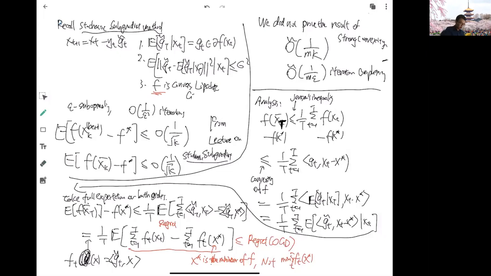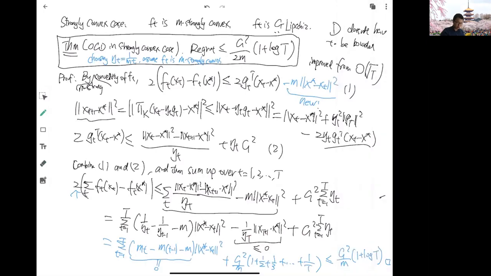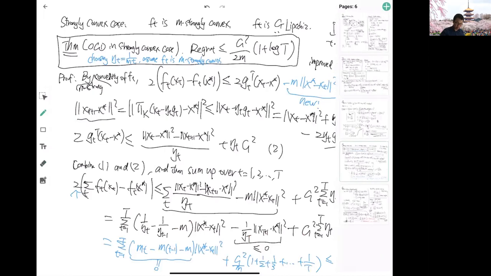Okay, so there are two cases. In the strongly convex case, we know that the regret bound is 2 G squared log T, and the additional parameter of the theorem is G squared.